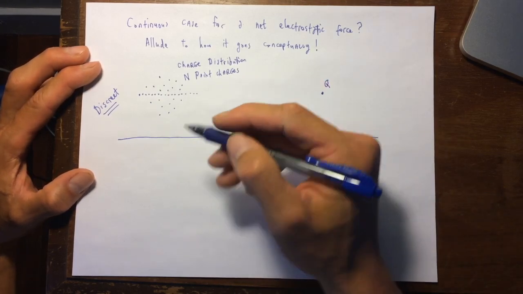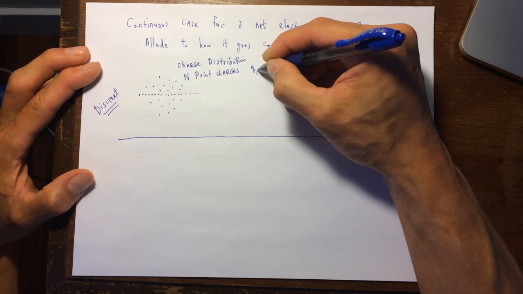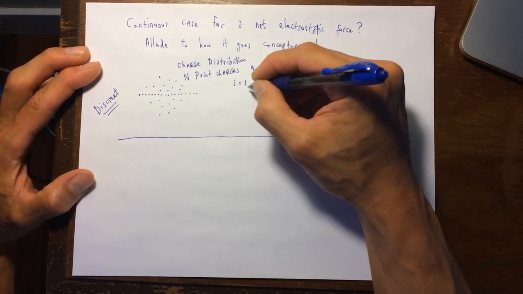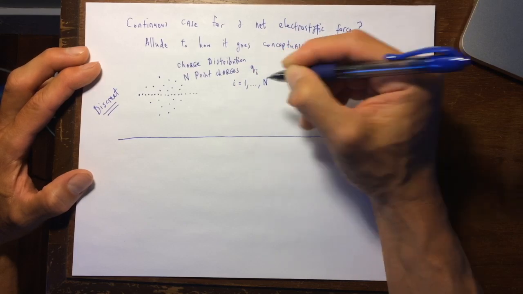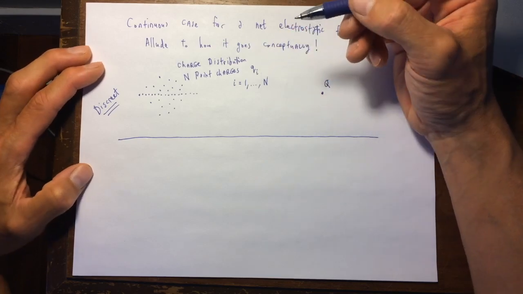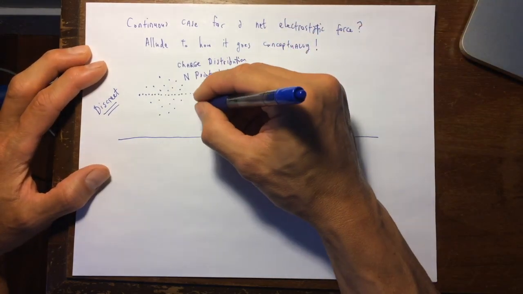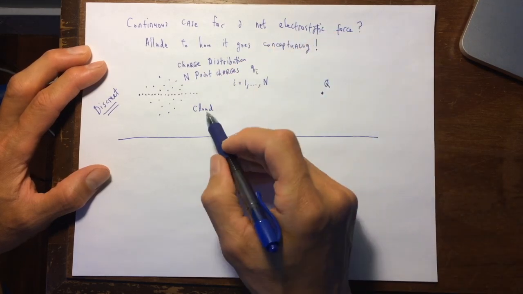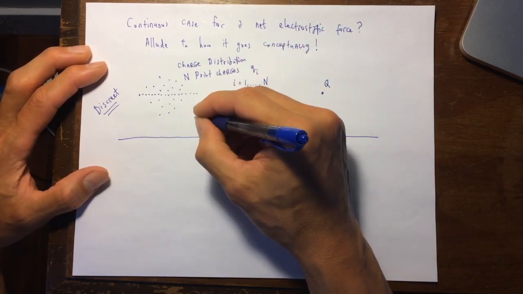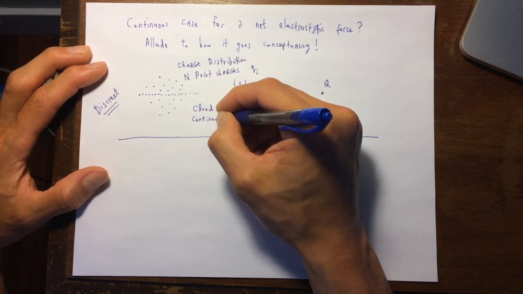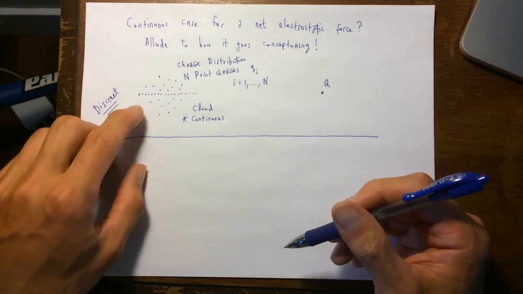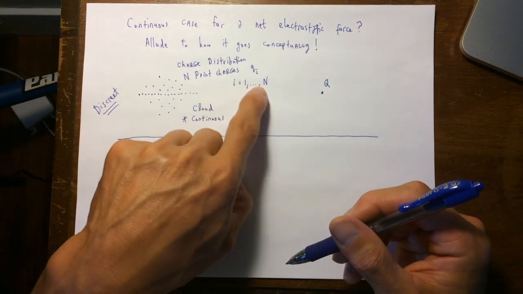So N point charges of charge Q sub i, where i is equal to a number like 1 up to capital N, right? And they can be positive or negative. They don't need to be the same charge. But the point is this is beginning to look like a little cloud of a bunch of point charges, right? And clouds seem to be similar to continuous, right? But it's still discrete because I can count them.